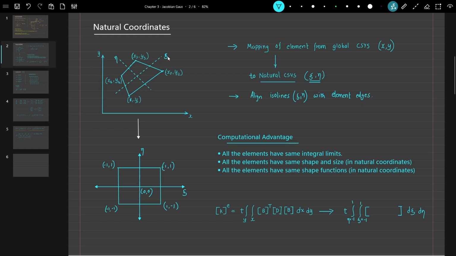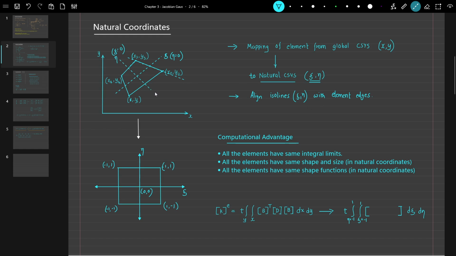So how is it done? We know the zeta axis is also eta equal to 0, and the eta axis is zeta equal to 0. So we align these edges with the isolines of zeta and eta.